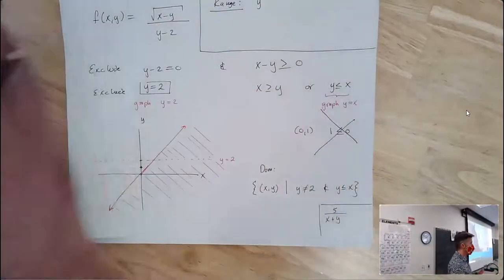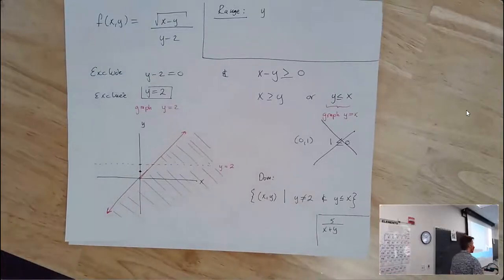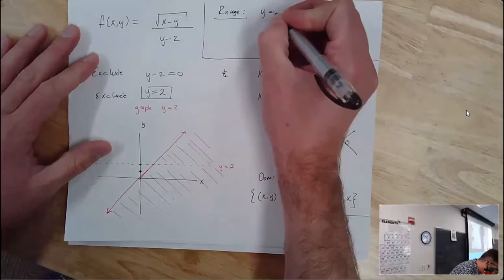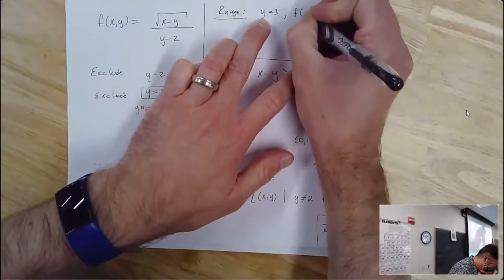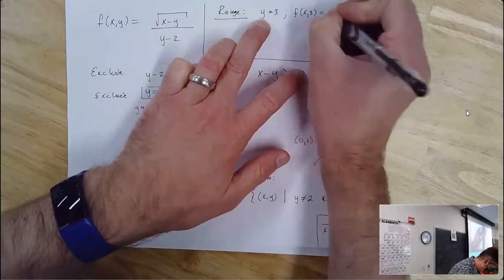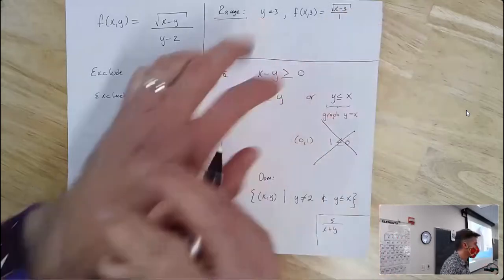This is not by any means in the book. No one tells you to do it this way. This is just what I've come up with because it works most of the time. If I put y equal to 3, my function is f of x comma 3, and it's the square root of x minus 3 over 1.